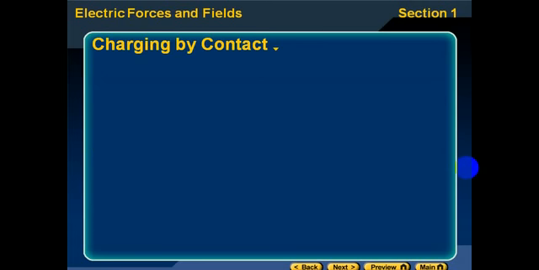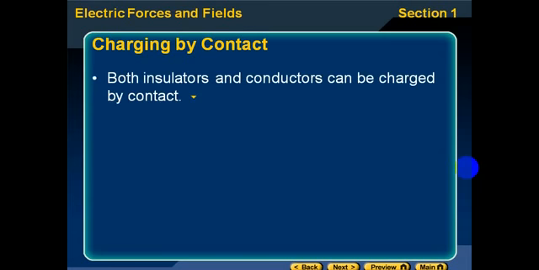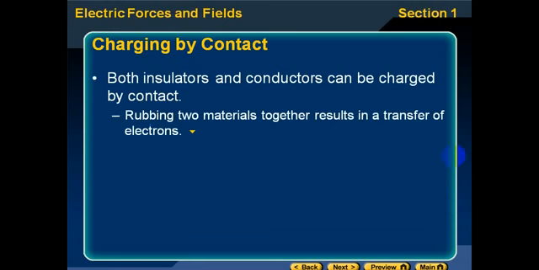Charging by contact. There are two kinds of charging which we are going to speak about now: charging by contact and charging by induction. Let's start with charging by contact. Both insulators and conductors can be charged by contact. Rubbing two materials together results in a transfer of electrons.